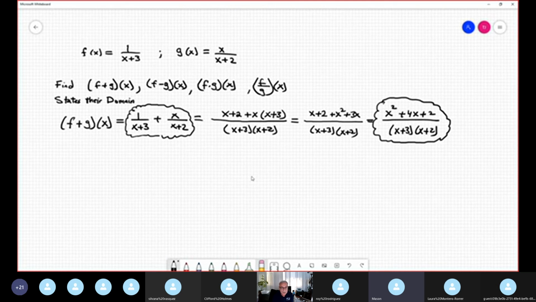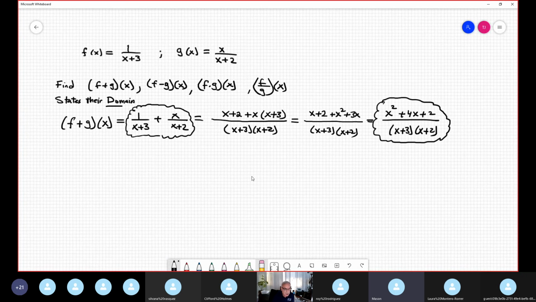And that's it. No, because I need to define the domain. Domain of what? The domain of the new one. To find the domain of the new one, I need to know the domain of F and the domain of G. And remember the lecture, I explained how to determine the domain with the equation. In this case, it is a division, P divided by Q. I suppose you remember that.